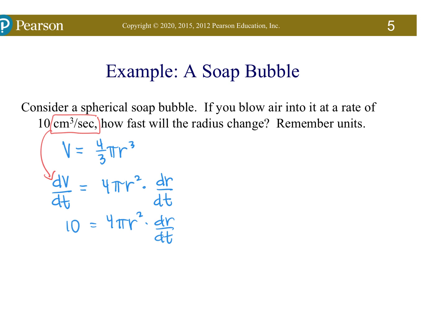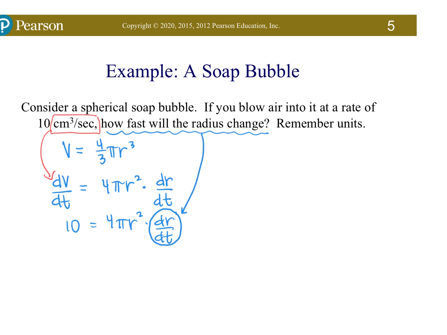Now I'm gonna have to make sure I answer the question. And the question is, how fast will the radius be changing? In other words, what is the rate for the radius? And so that question will be answered by dr dt. How fast is always a speed, or a velocity.